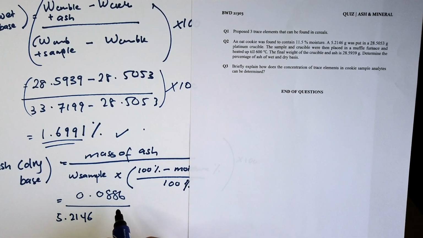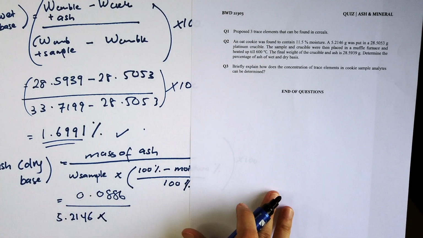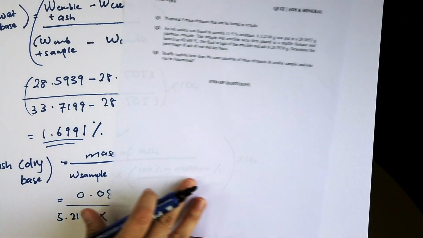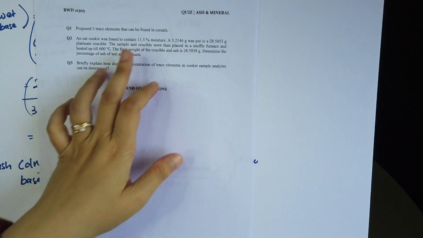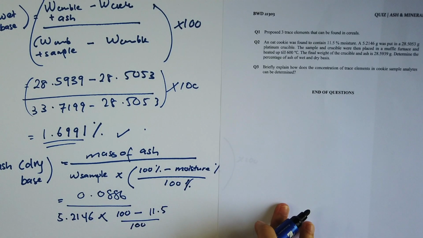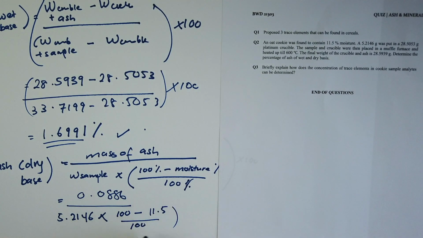So 5.2146 times 100% minus the moisture percent. What is the moisture percent? 11.5% moisture, so 11.5 divided by 100. All these things later on you need to times 100%.